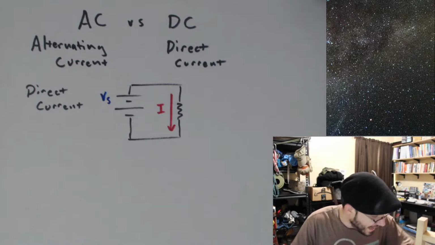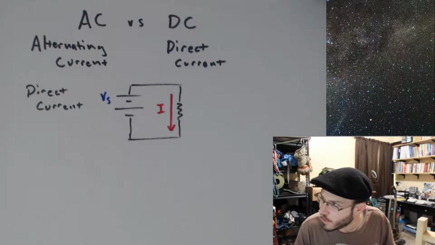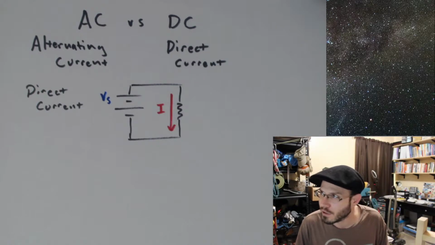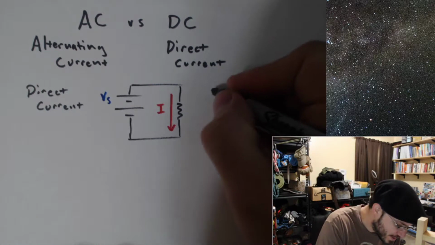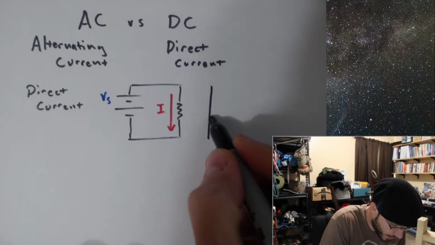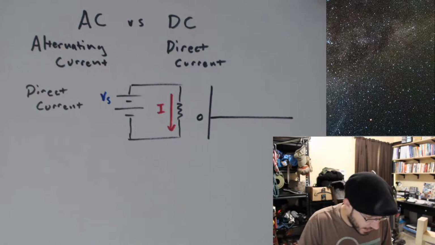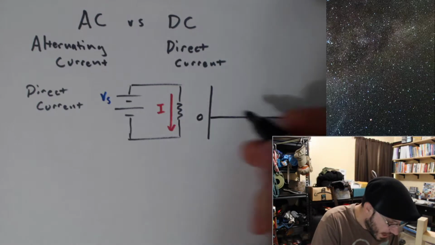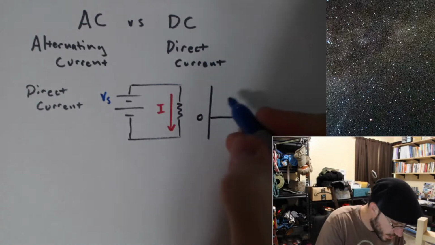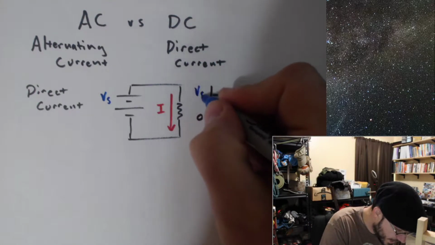And if you go ahead and graph this, now that we're going to have some changing voltages, if you want to look at a changing voltage, you're going to have to look at a graph. So let's put up the boring graph of what this looks like. We're going to put our x-axis at 0, and we're going to have a voltage V sub S, whatever that is.